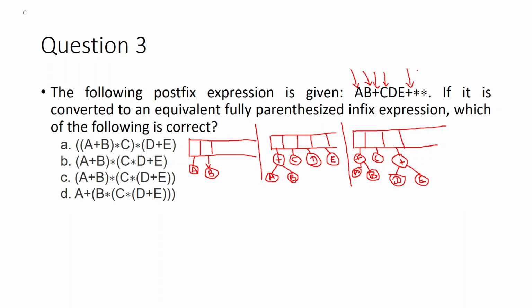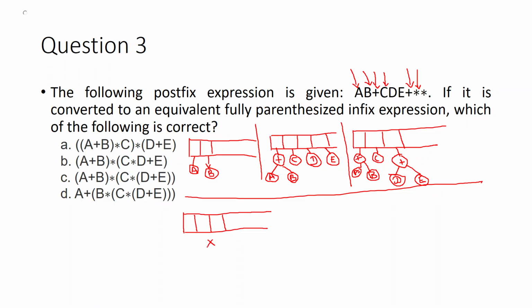Next, the next character is also an operator, so we need to pop two values from the stack. For multiplication, in this scenario, we pop the last two values from the stack. The last two values are C and plus.